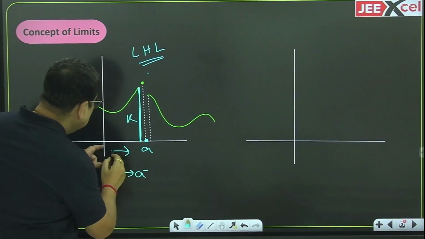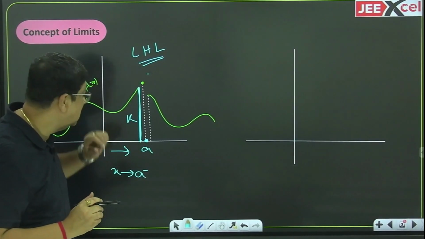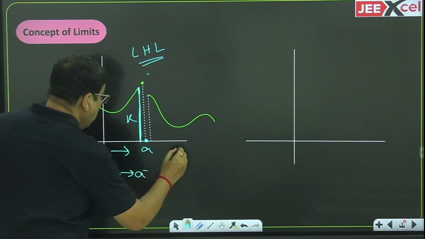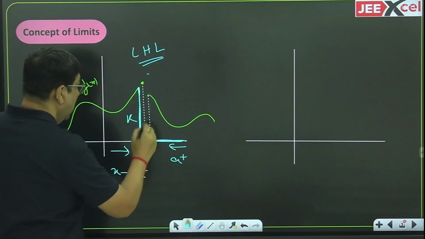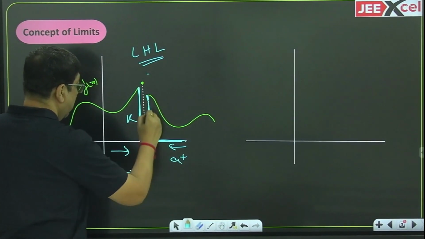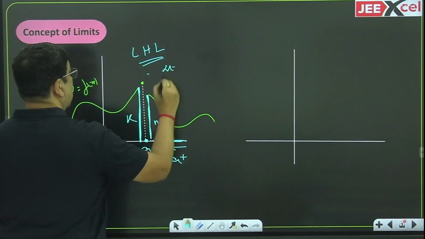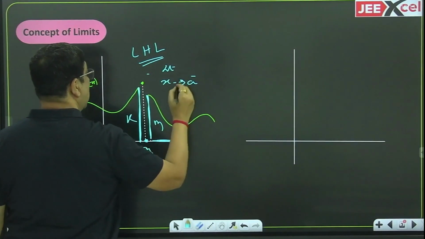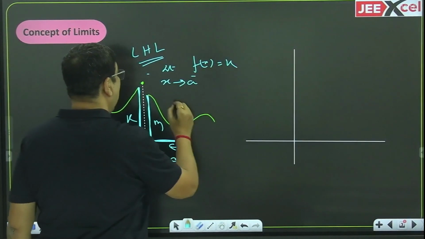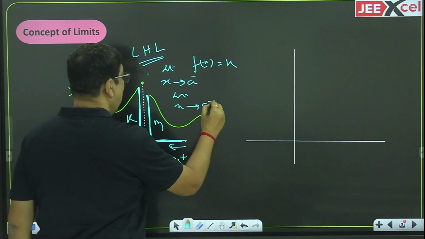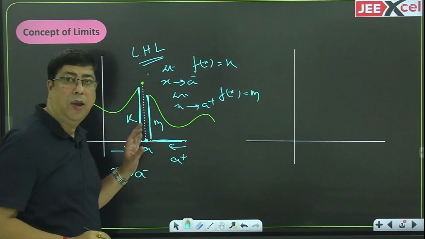It means when x is moving towards a from the left hand side, the value of the function is k, and when x is moving towards a from the right hand side, that is a plus, the value of the function is suppose l or m. So we can say limit x tends to a minus, this is the left hand limit, f(x) equal to k, and limit x tends to a plus f(x) is coming m.